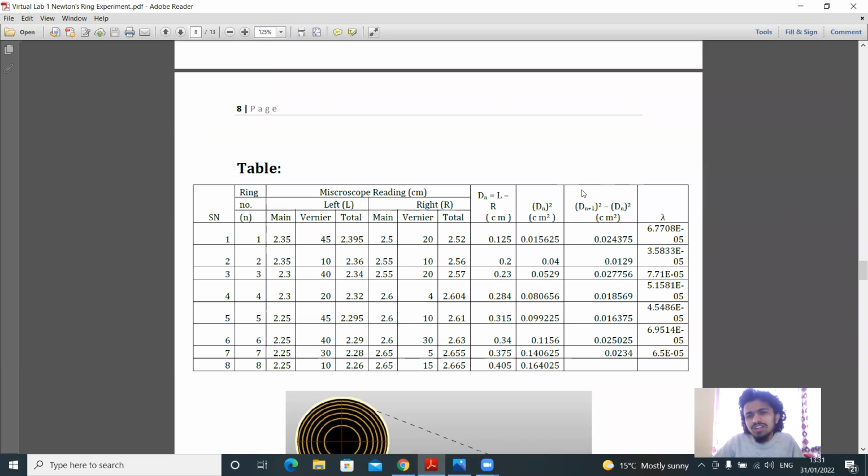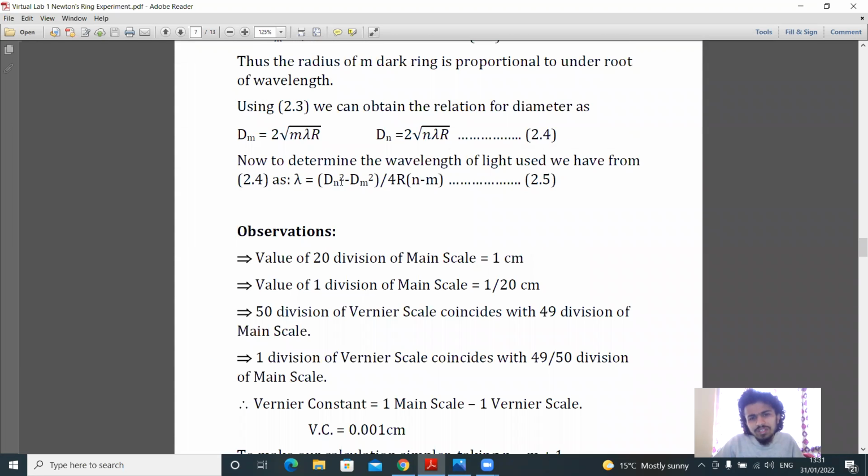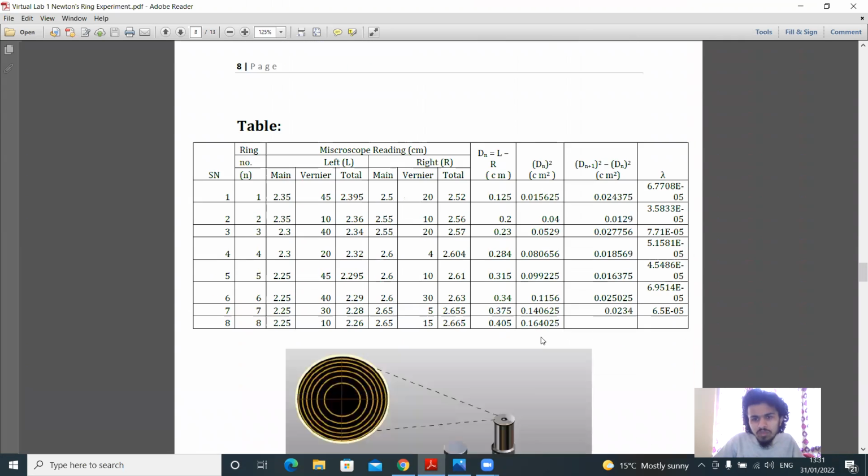Using this difference relation, dm square minus dm square, in relation 2.5, R is the radius of the plano-convex lens. In our case I chose 90 centimeters, and n minus m is 1, since we are taking n equal to m plus 1, so the difference is 1.